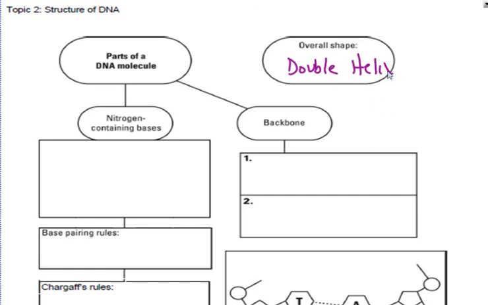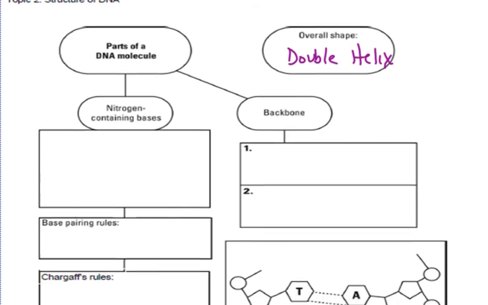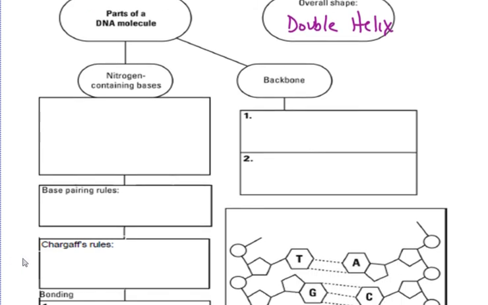So the overall shape of DNA, Watson and Crick found with the help of Wilkins and Rosalind Franklin, is a double helix. We have 4 bases that are part of DNA. Those bases are grouped into 2 groups. You have what's called your pyrimidines. These are going to have a single ring.